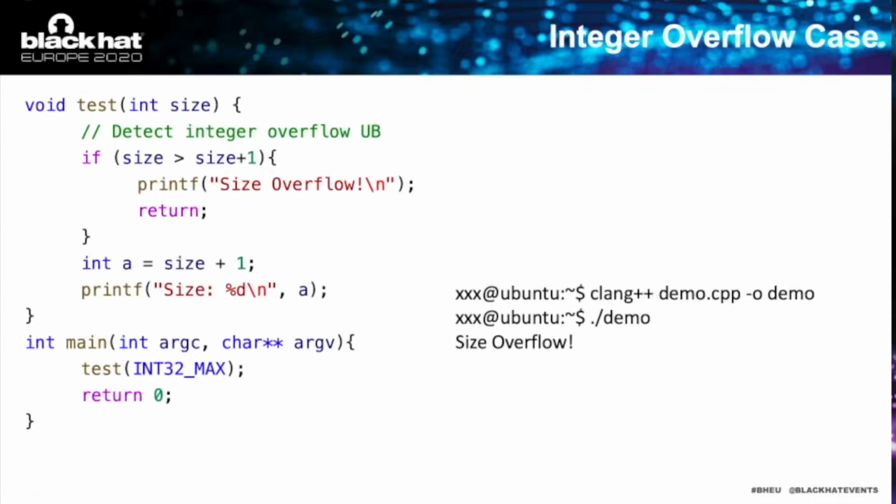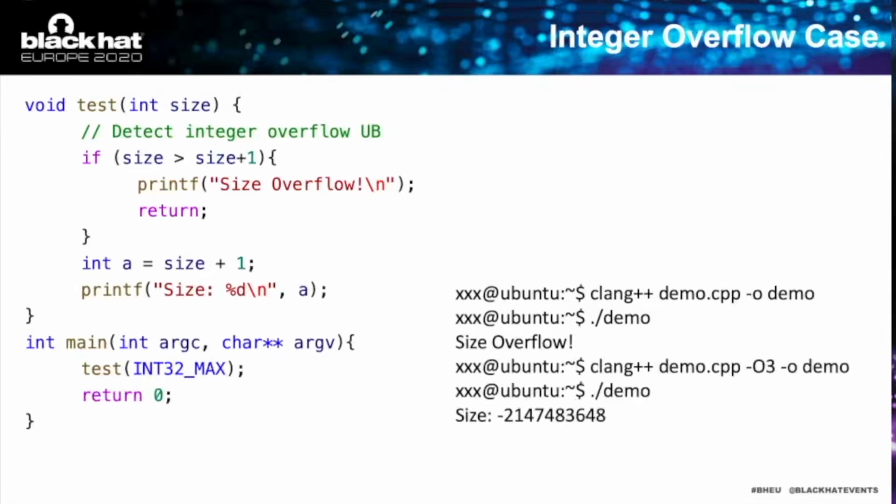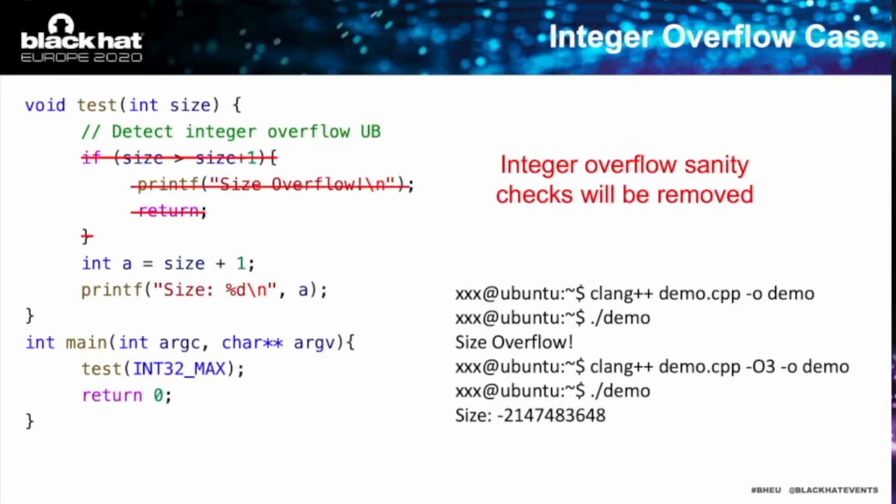For example, in function test, we write an integer overflow sanity check, but the comparison contains undefined behavior. If clang compiles it in the default configuration, the sanity check works. But at a higher optimization level, the control flow graph of the program has changed. The integer overflow check will be removed.